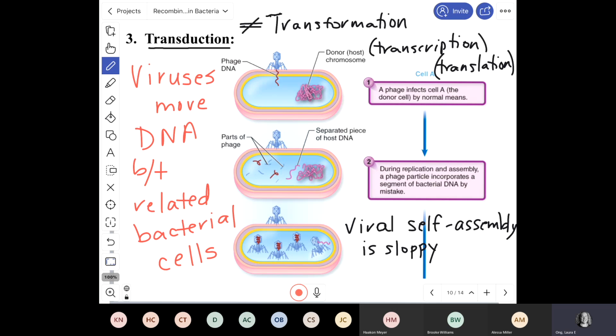So what happens when these viral parts are coming together in the cell is that you get the head capsid going together with the genome first. And the way that this works is the virus essentially measures a certain length of DNA that's going to fit into that head capsid.